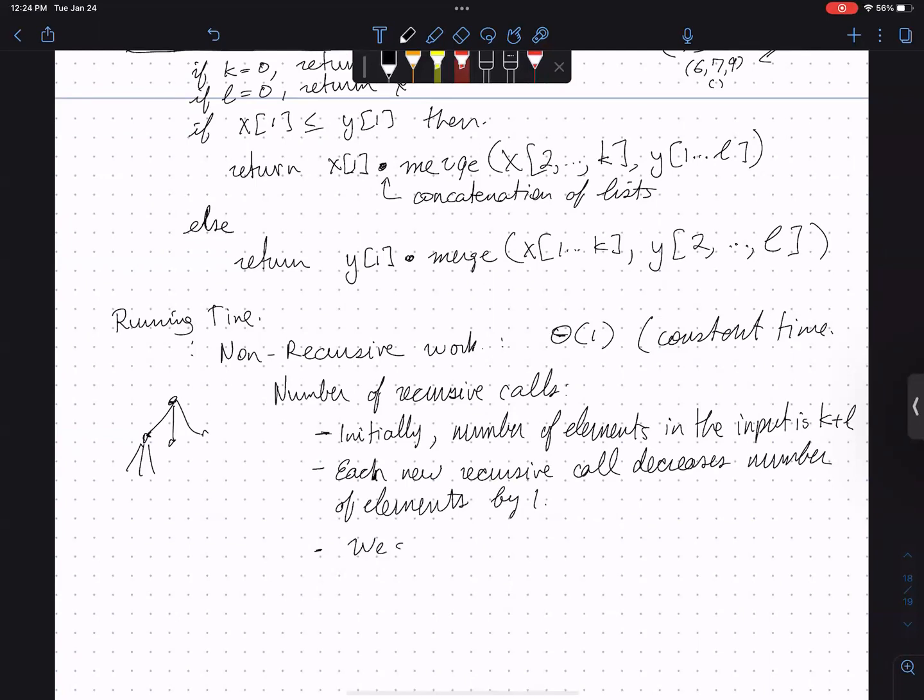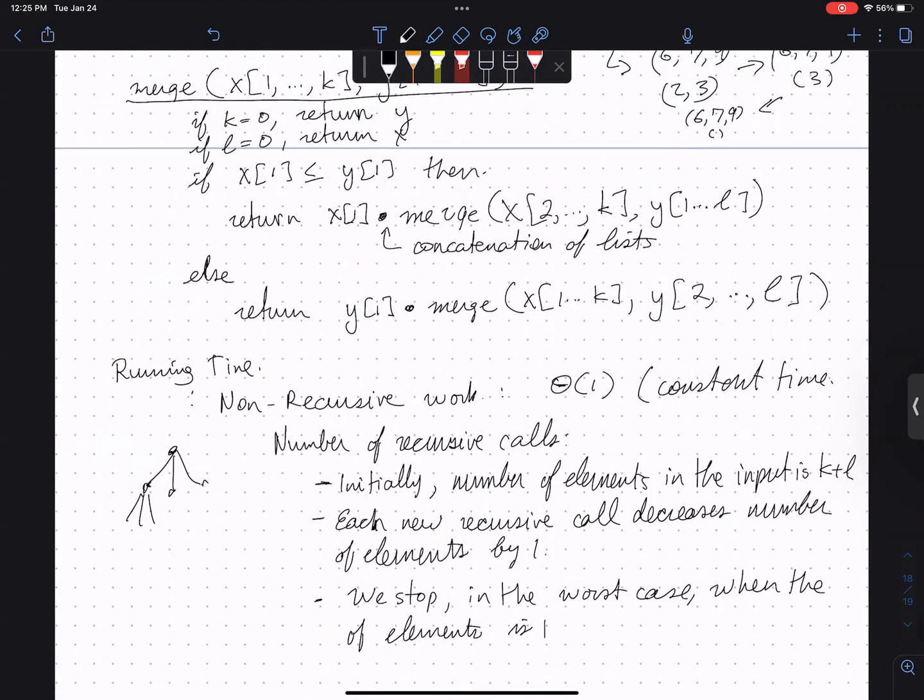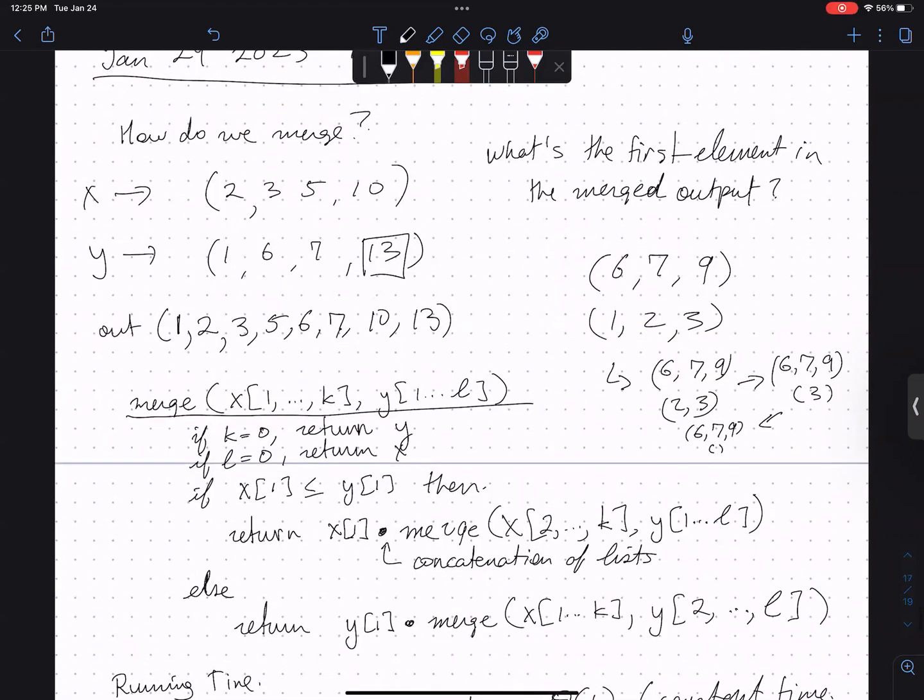Then we stop, in the worst case, when the number of elements is 1. Right? So I think that's what happened in this example.